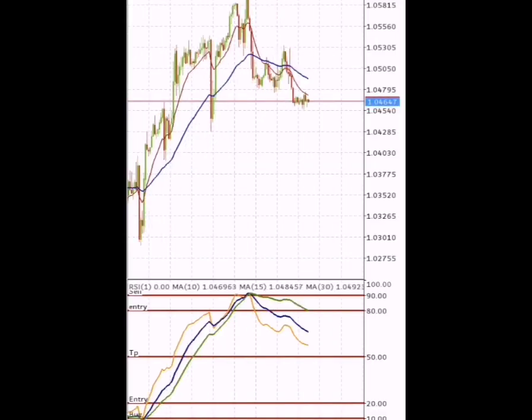Euro USD. I'm going to take a risk on this one because I can see almost all my entry rules. On the main chart, the 13 EMA has crossed the 50 EMA.